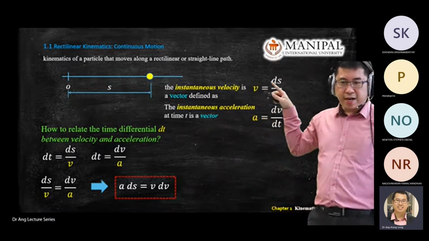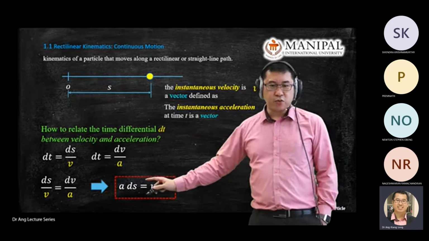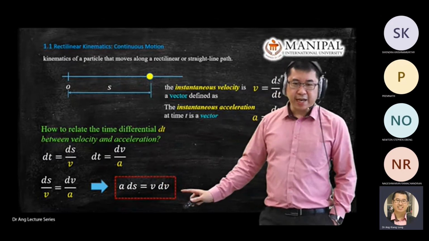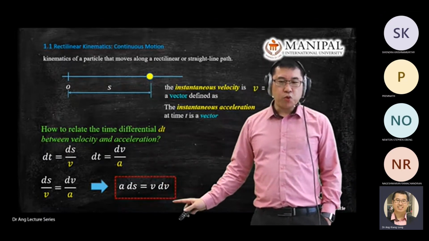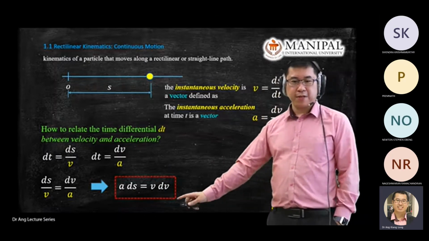All these you're familiar with. Only when it comes to engineering dynamics, we try to link up what you learned previously and develop a new way of solving kinematics problems.